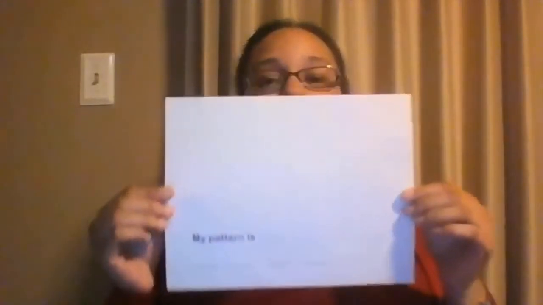So one page looks like this. So on the page, remember we're creating a pattern. So it says, my pattern is. So on your blank paper, you're going to write, my pattern is, and then leave yourself some spaces so you can write what your pattern is. So you're going to need 1, 2, 3, 4, 5, 6, 7, 8, 9 lines.